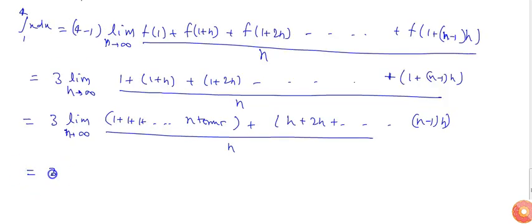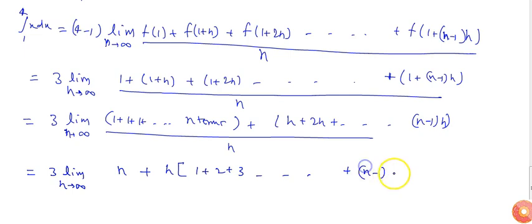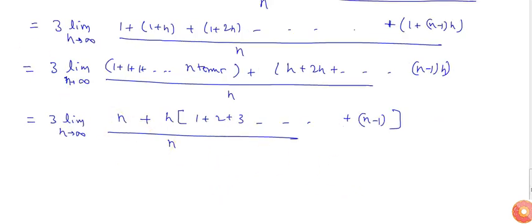Or I can say 3 limit n tends to infinite. It will become 1 plus 1 plus 1, n times will become n, plus here if I take h common out, so 1 plus 2 plus 3 plus up to n minus 1, divided by n. Now putting the value of h, which is given by b minus a by n.